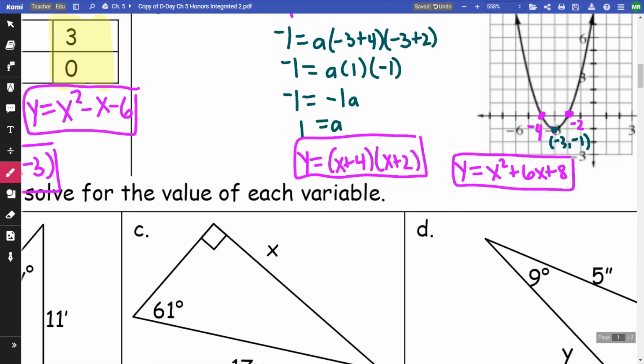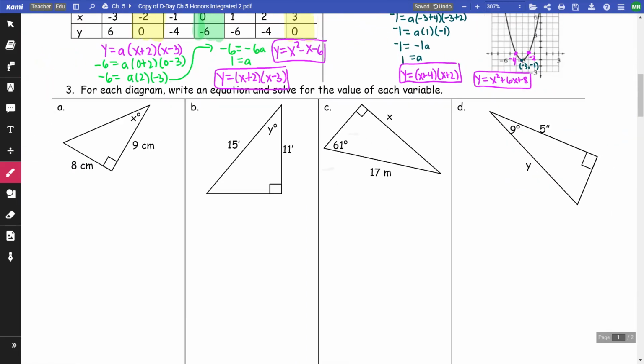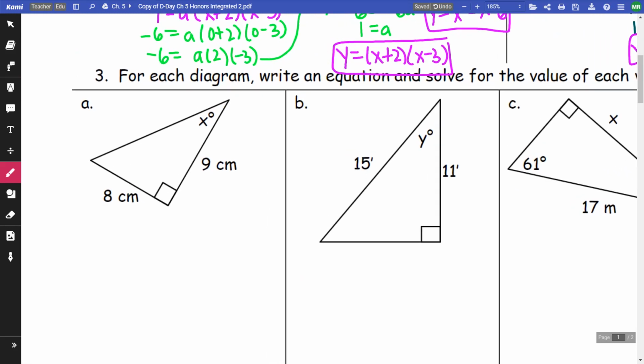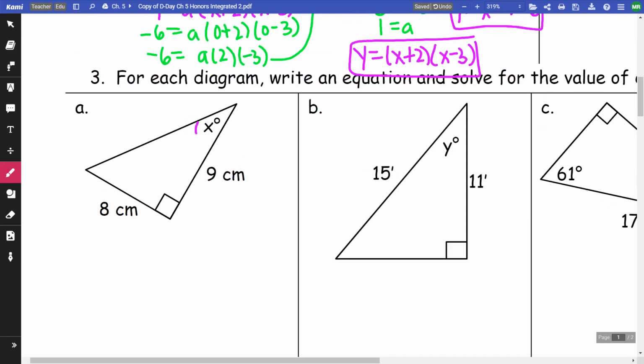On number 3, these ones we're going to be doing sine, cosine, tangent, or inverse sine, inverse cosine, inverse tangent. So if I'm here at this angle, this is opposite, this is adjacent.